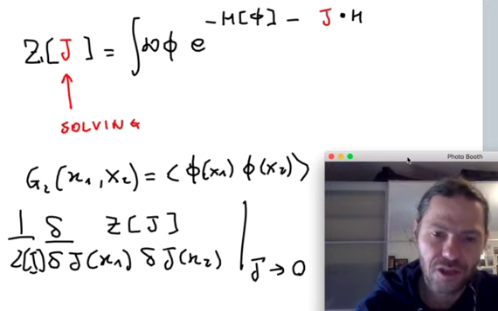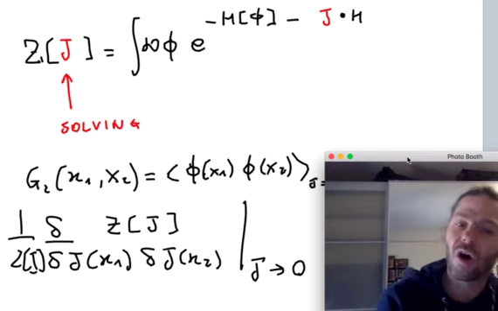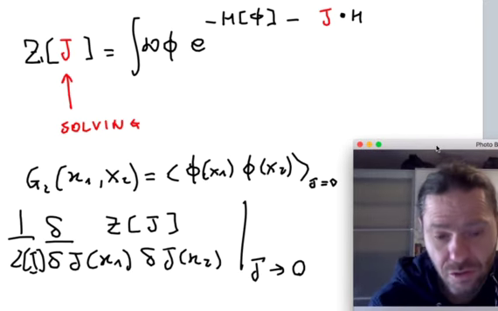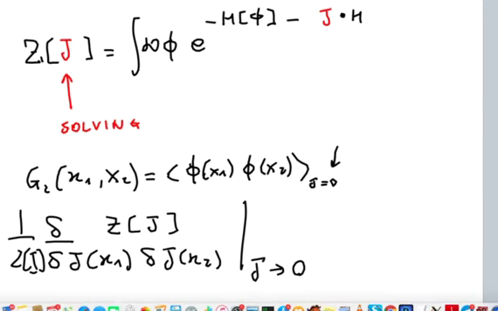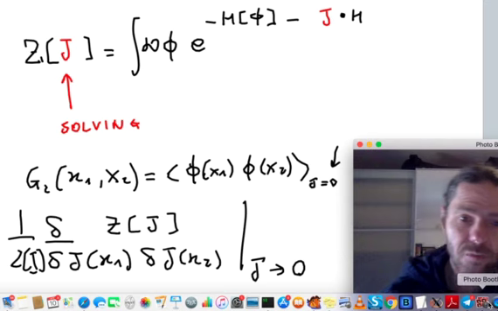I should mention I'm interested in the correlation function in the absence of any external magnetic field, in this case in the absence of any source. If I'm in the presence of a source, I simply have to add a finite value where normally I have the source field.